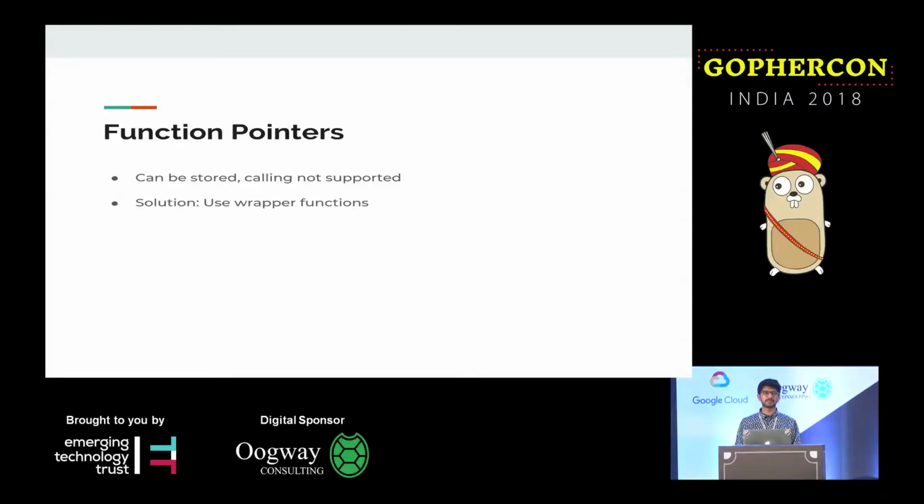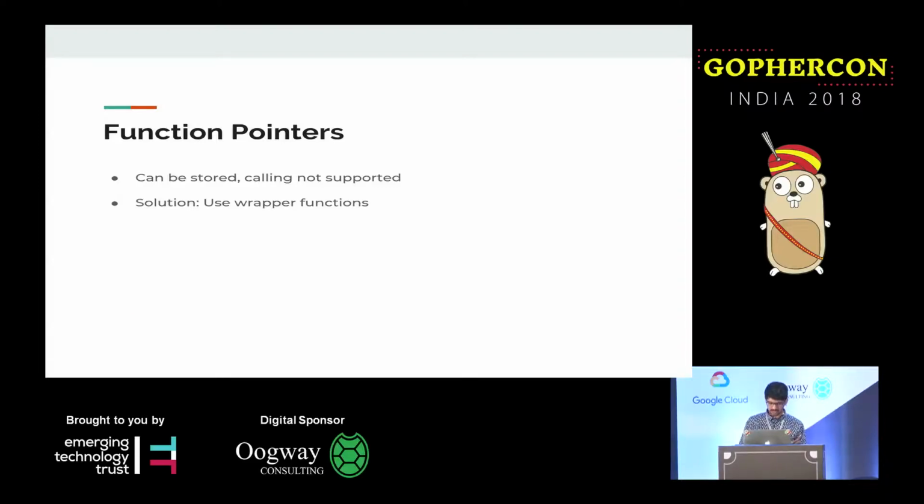I saw one example from SQLite, and the Go wrapper for SQLite uses function pointers and also wrapper functions, which is one of the solutions to calling function pointers in C from Go.